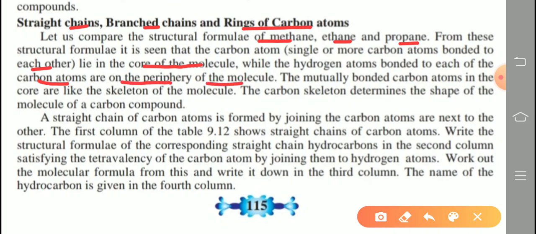The mutually bonded carbon atoms in the core are like the skeleton of the molecule. The carbon skeleton determines the shape of the molecule of a carbon compound.